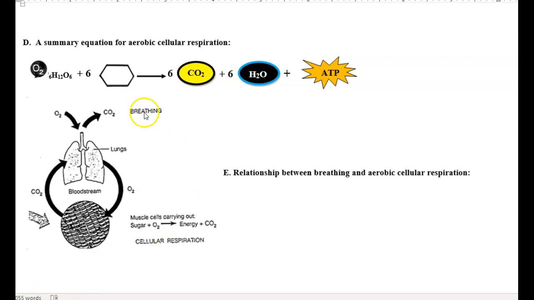So let's look at this. You breathe in oxygen into your lungs, goes into your blood, carried by your arteries to wherever oxygen needed to go, wherever ATP is going to be made.